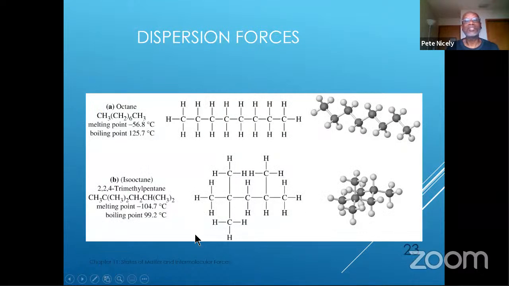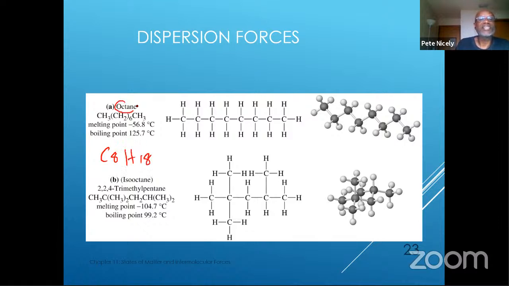So to illustrate what I was talking about with respect to dispersion forces and elongation, here we have two organic molecules. Now, if you count them up in terms of the number of carbon and hydrogen atoms, they have the same molecular formula. The formula for both of them would be C8H18, all right?